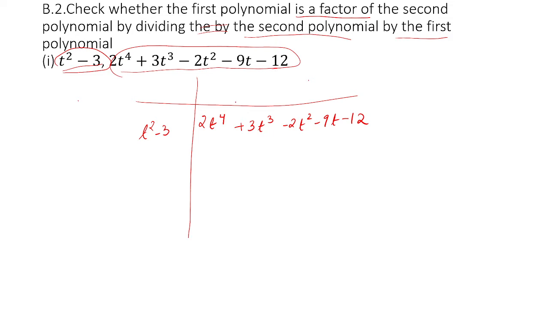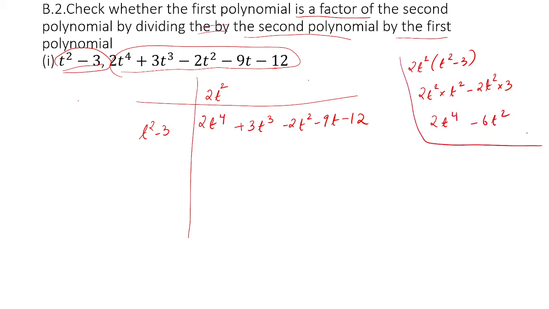It uses the same concept of the division algorithm. What should you multiply t square with to get 2t to the power 4? You should multiply it with 2t square, right? When you multiply t square minus 3 with 2t square, you can always write it in brackets over here. I'll try to stop using this in the next problem. So you get 2t to the power 4 minus 6t square.